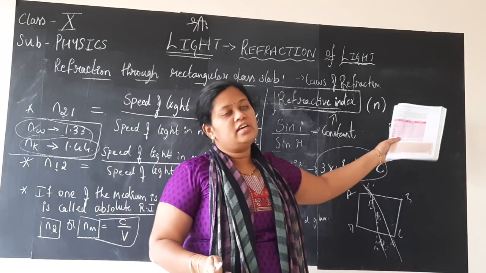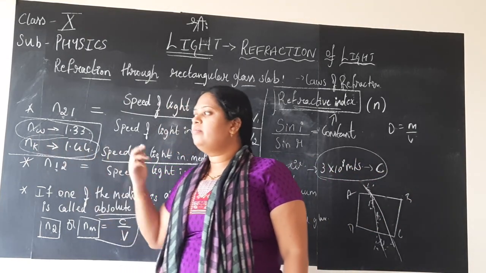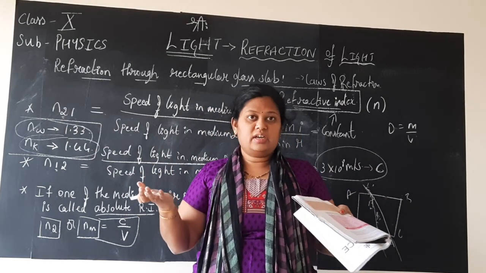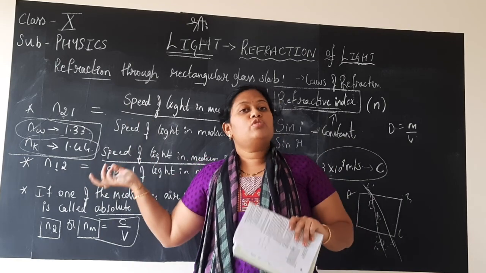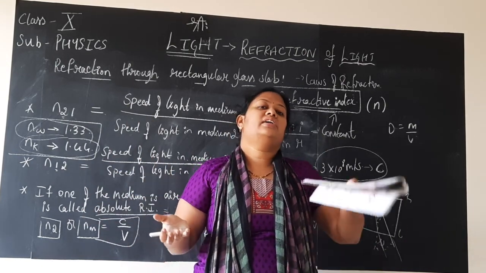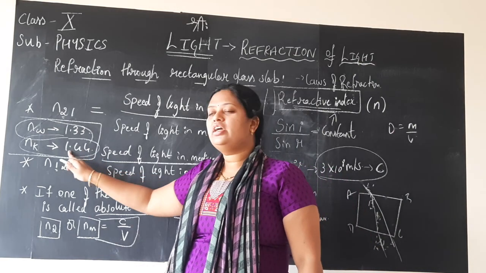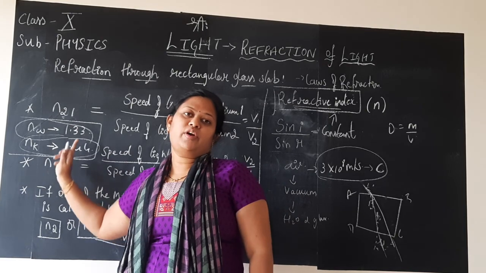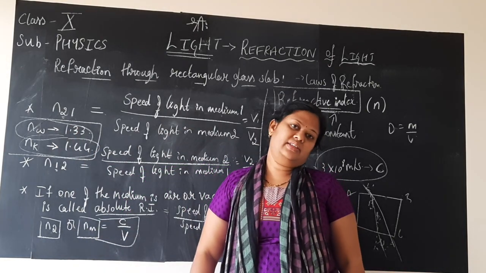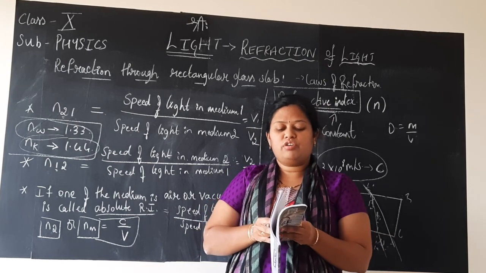Mass density, you know what it is already. Though the density of water is more compared to kerosene, when it comes to optical density, kerosene is optically denser than water. Why? Because the refractive index of kerosene is more, which is 1.44, compared to the refractive index of water, which is 1.33.